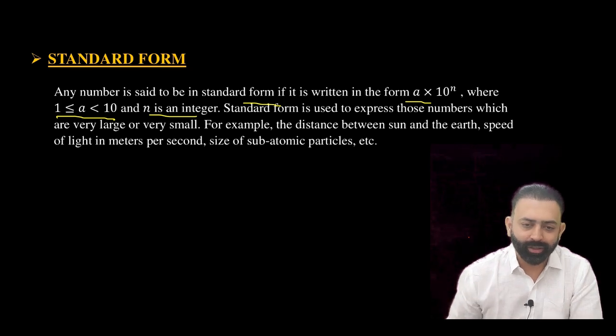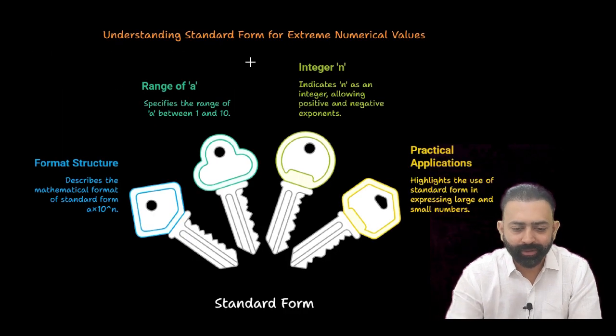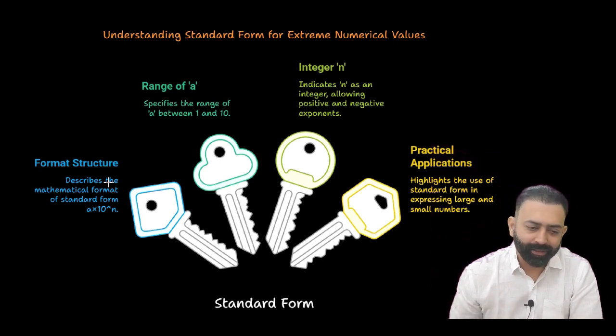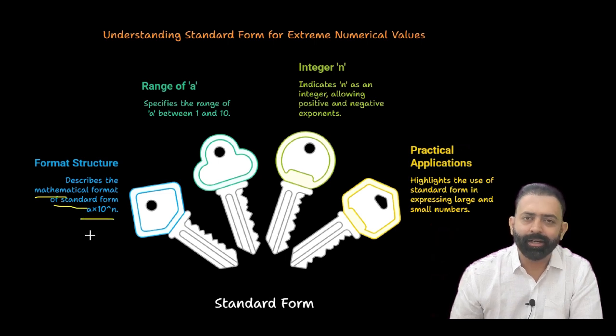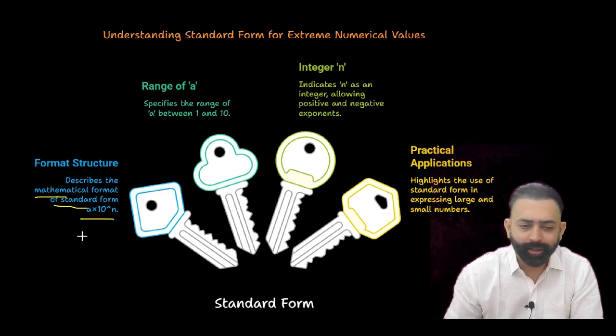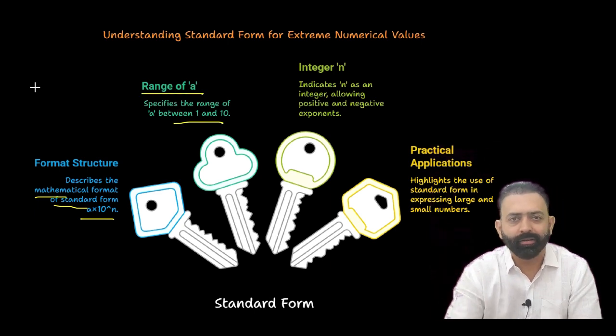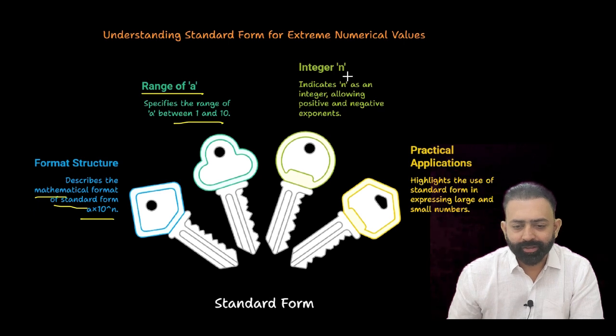In this pictorial diagram you can see the mathematical format of a standard form, which is a multiplied by 10 raised to power n. The range of a should be between 1 and 10, and n is an integer, which can be negative or positive.